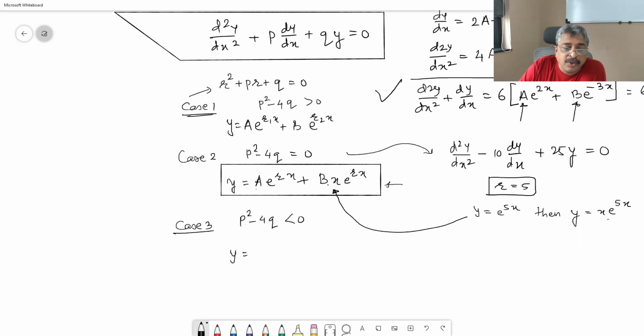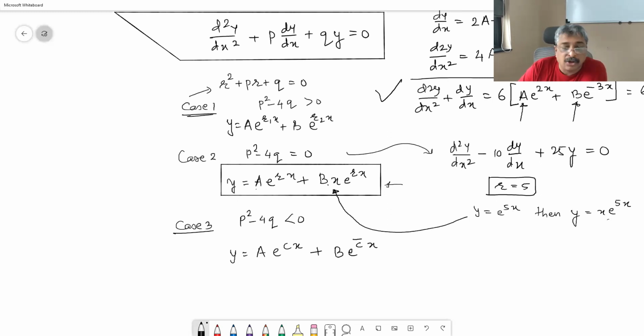So y is equal to a e raised to some complex number c, a e raised to cx plus b e raised to c bar x. That is what it comes down to eventually.